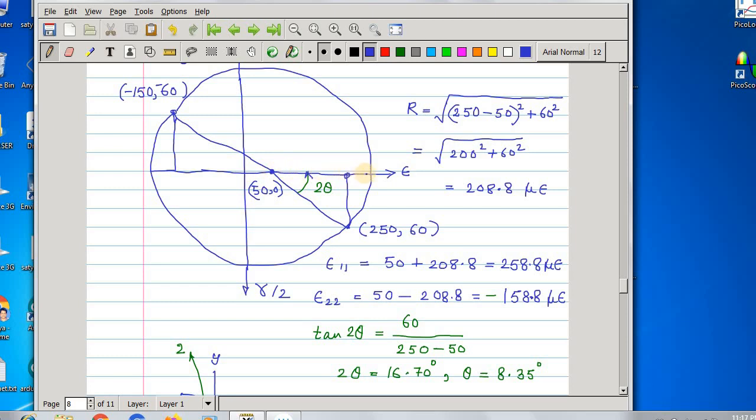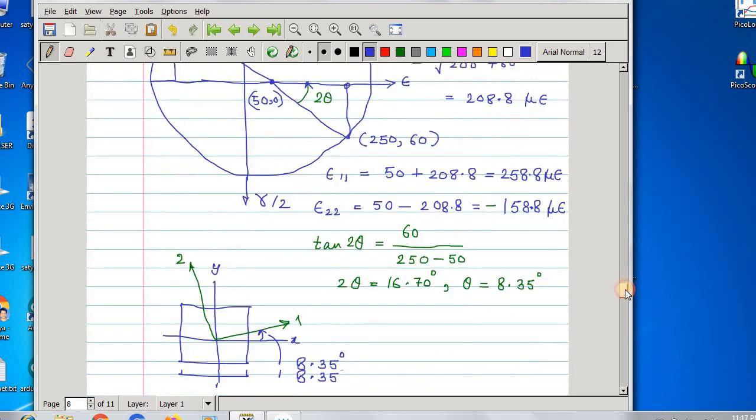With 50 you add the radius. If this is the radius, this is also the radius. So 50 plus the radius is the maximum principal strain, and 50 minus the radius is the minimum principal strain. So these are the principal strains. Good.